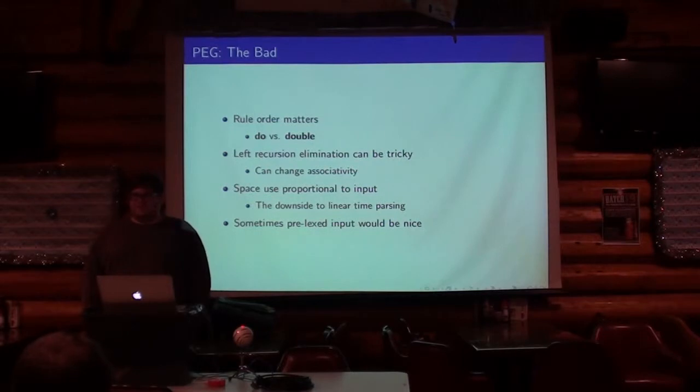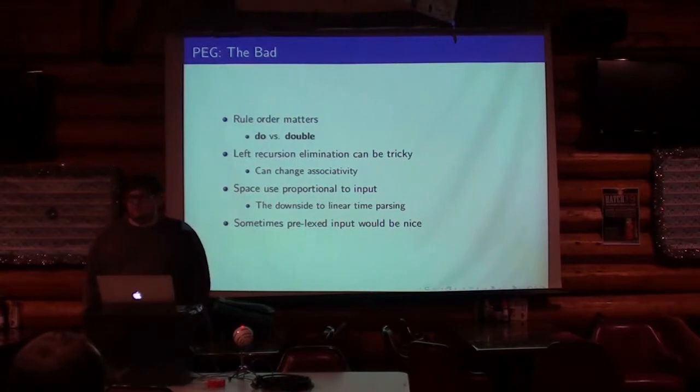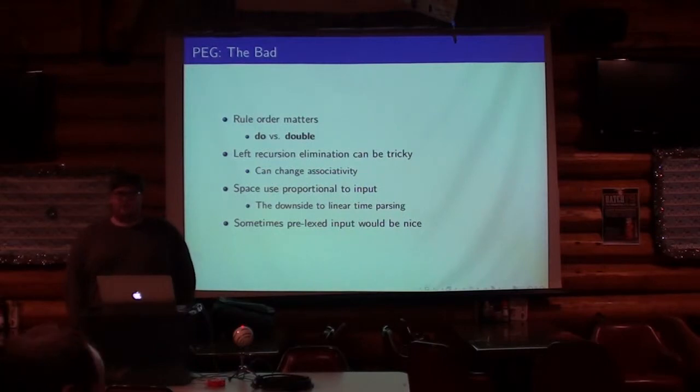Things that are keywords are just keywords, I can write if instead of having to quote it everywhere. And it would make dealing with identifiers a whole lot easier. Because otherwise, whenever you're searching for an identifier, you have to make sure it's not a keyword, and then match something that's an identifier.